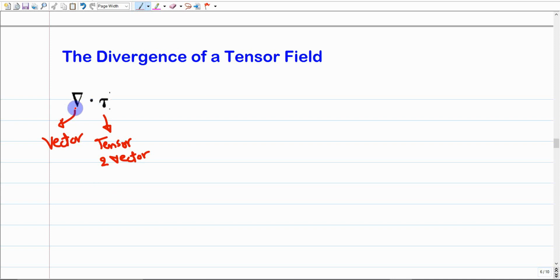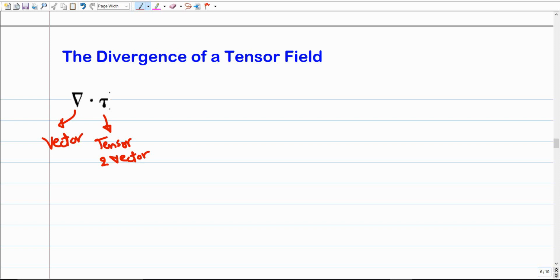So we have a vector dot vector, then there should be a third vector. The first two vectors are converted into a scalar field, because vector dot vector gives a scalar. So we get rid of the first two vectors, carry on, and end up with only one vector. So the divergence, or a vector dot product a tensor, gives a vector.